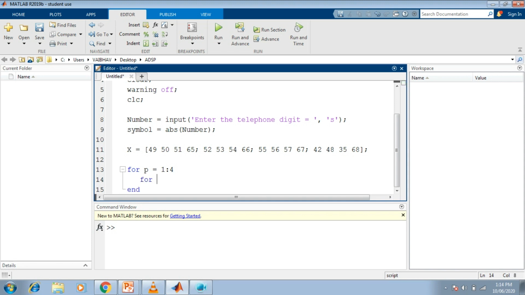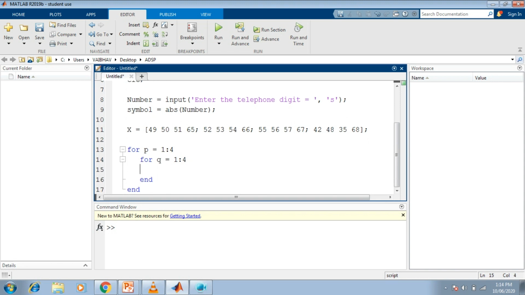We nest another for loop, and in this case we take the index variable q that also iterates from the value 1 to 4 here. And for the inside for loop, as we have written over here, we put the if command here.